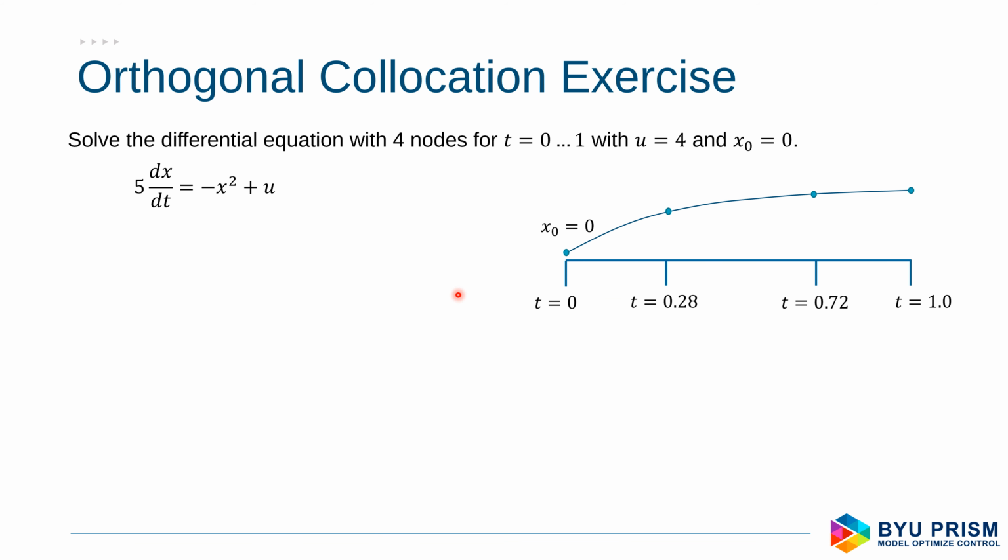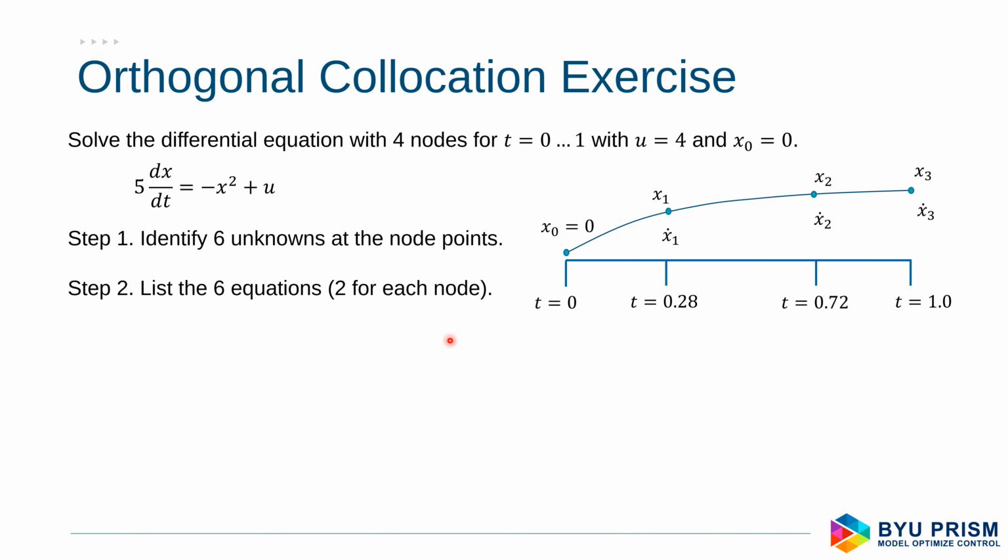All right, so the next exercise is going to be solving a differential equation, not a linear one. Now it's a nonlinear equation, but this u value is just equal to 4. So you still have one variable, one equation that you're trying to solve, and you want to identify the 6 unknowns at the node points. See if you can do that. You have x1 and the derivative of x1, x2 and the derivative of x2, x3 and the derivative of x3.